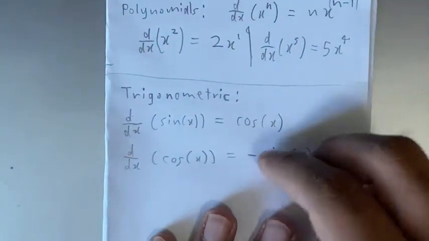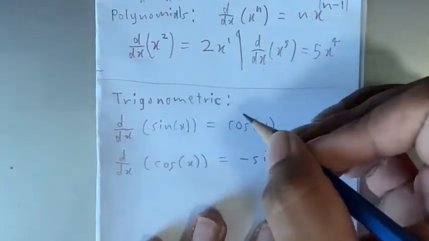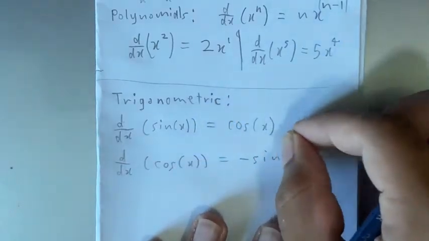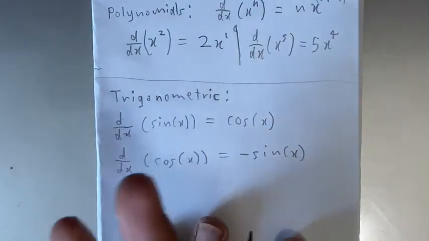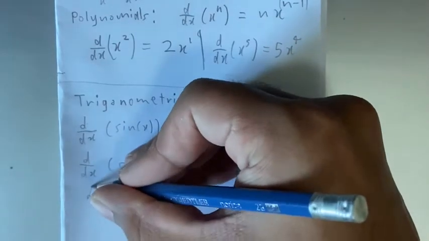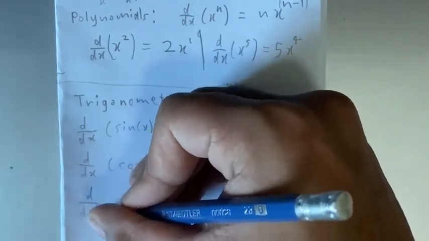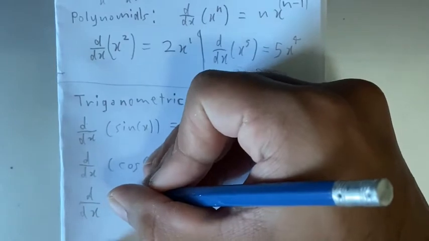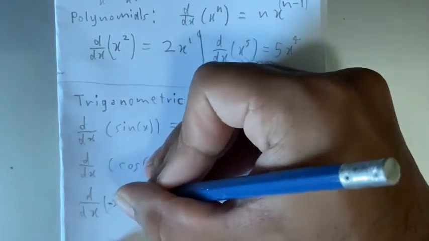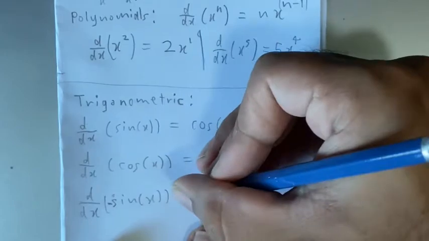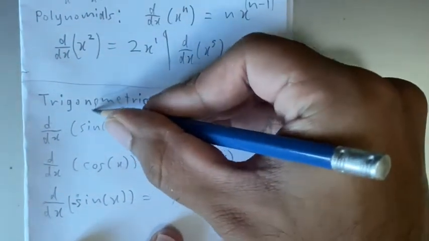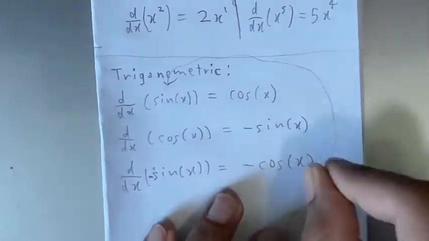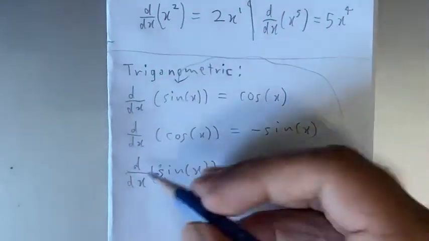And if you have minus sine x, once again, that becomes minus cosine x, because that's a rule that you'll learn later about differentiation. That's fine. So I'll just write it down for you. D by dx of minus sine x is equal to minus cosine x, and then here it goes back to the top, because once you differentiate this, you get sine once again.